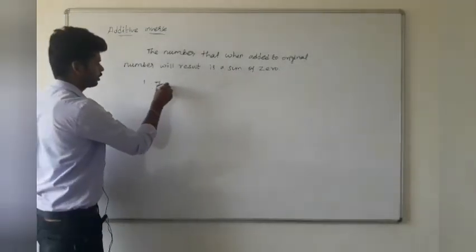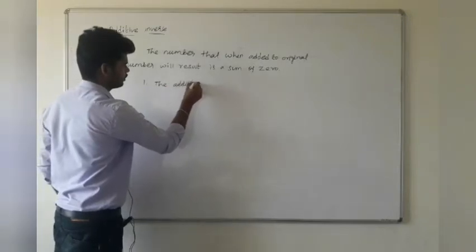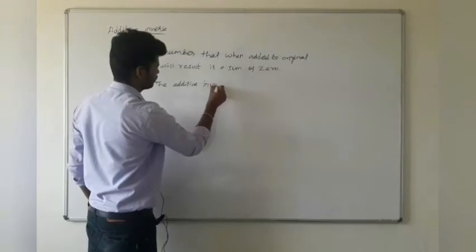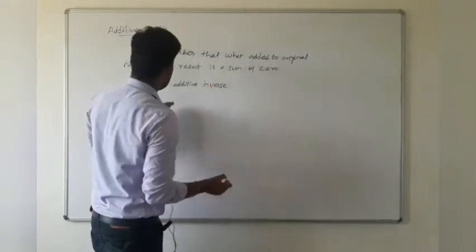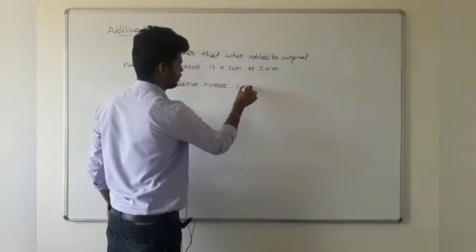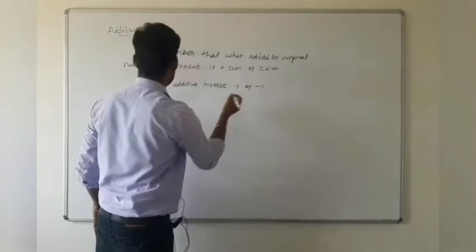First one, the additive inverse of 7. This one's opposite is minus 7.